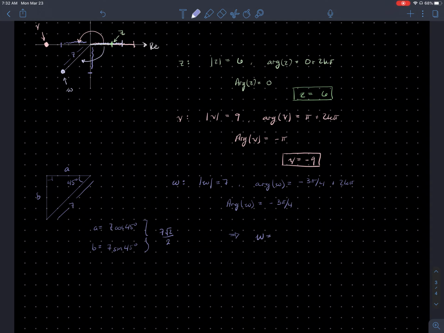So we can say W is going to be going to the left in our real direction by 7 square roots of 2 over 2, and then down in our imaginary direction by 7 square roots of 2 over 2. And that is it on that one.